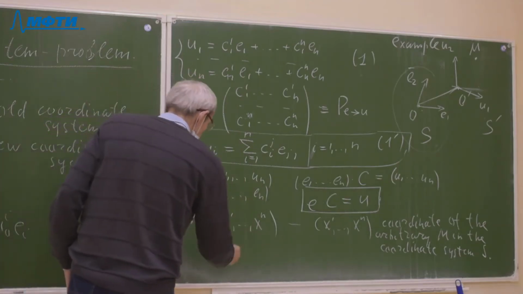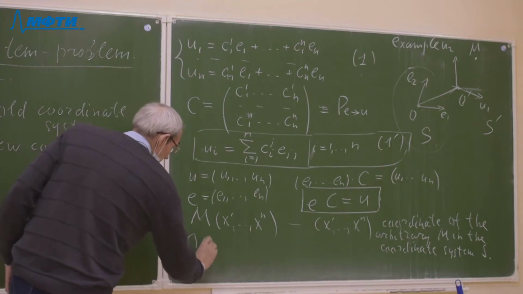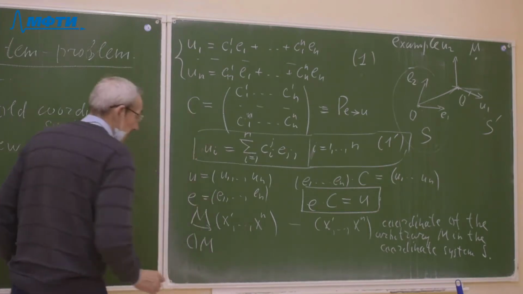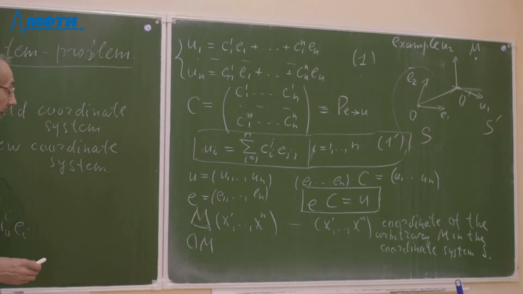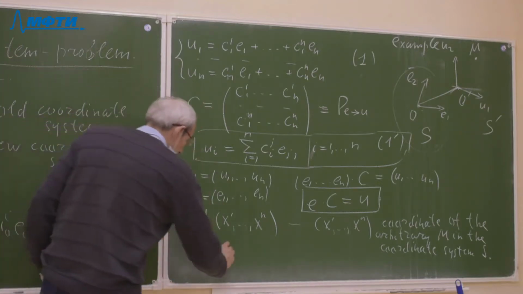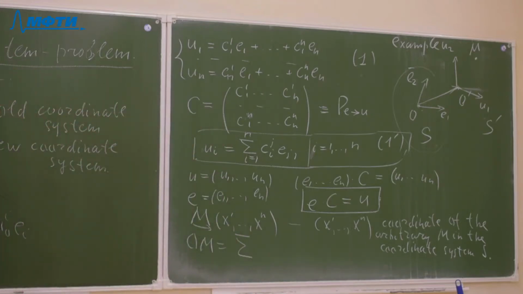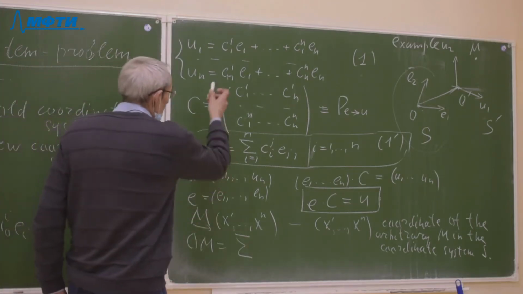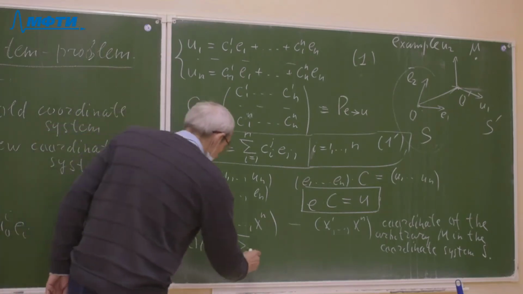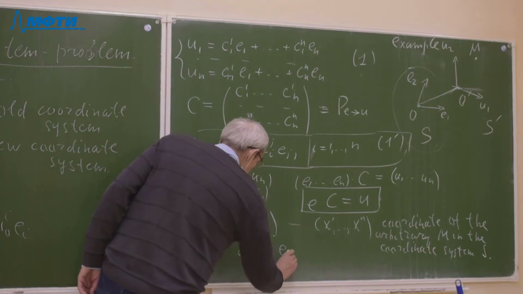And it means that the coordinates of the vector OM are equal to these numbers, namely the vector OM can be decomposed and presented as a linear combination of the vectors of the old basis E, namely the sum of xi ei.